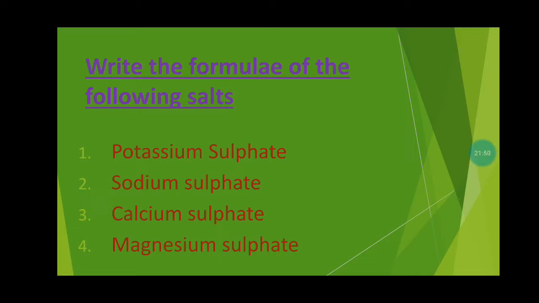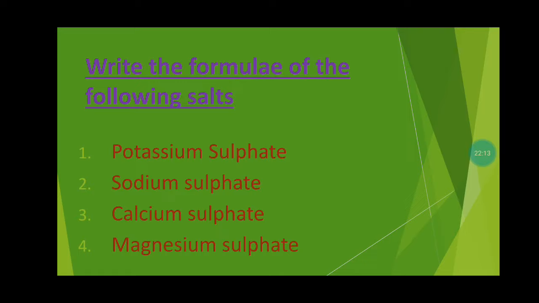Now you have another example, sodium sulfate. How is sodium sulfate formed? You write the base for it, you write the acid for it, and also write the chemical formula. Next example is calcium sulfate. How is it formed? Write base, acid and the chemical formula.